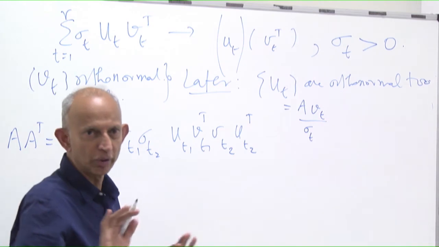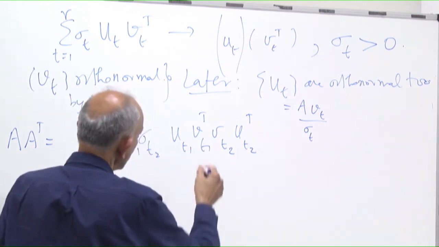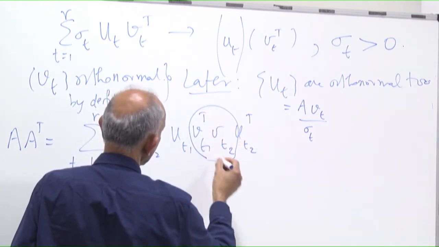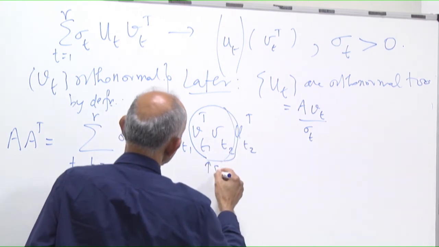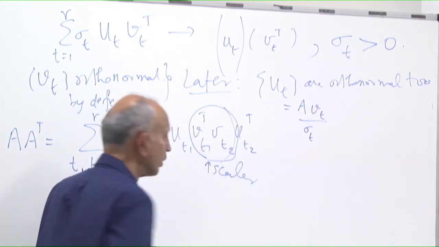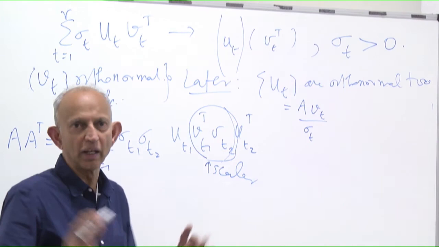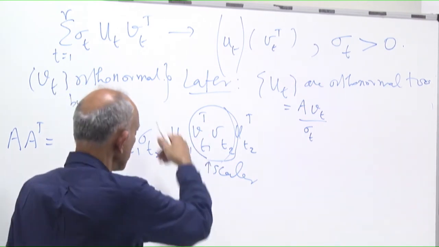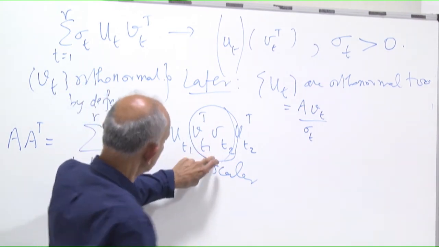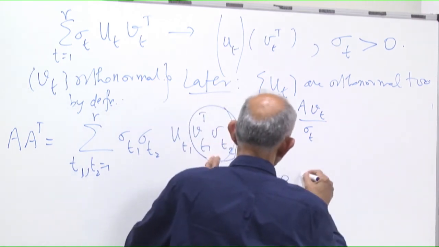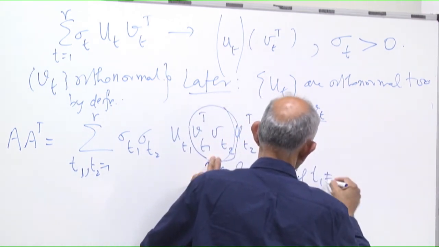These don't necessarily commute. They are matrices, so you have to write them in order, except you notice that this is a scalar. This is a dot product, so it's a scalar. So that can be brought out. This is 0 if t1 is not equal to t2.